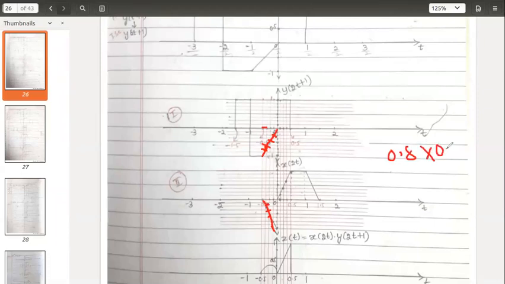So 0.8 into 0.2, you will get some value. Similarly, next time it is decreasing, -1 to 0, it is decreasing. So 0.8, 0.6, 0.4, 0.2. Like that it decreases and finally it becomes 0. See, -1 to this, all negative values.